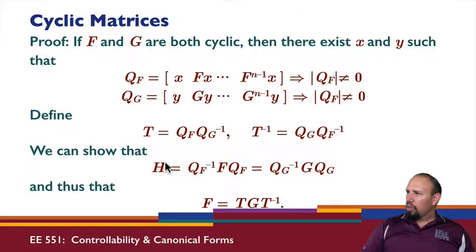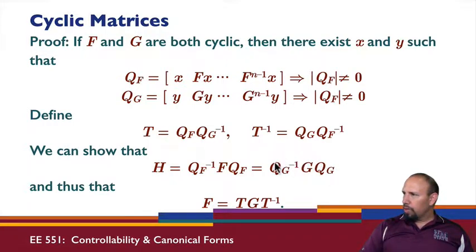Okay, so we can show that there is a matrix H such that these two matrices are equal to each other. So notice, what are these things? This is F and its controllability matrix, G and its controllability matrix. And notice that the controllability matrix, in this case, which must be a square matrix, serves as a similarity transformation.